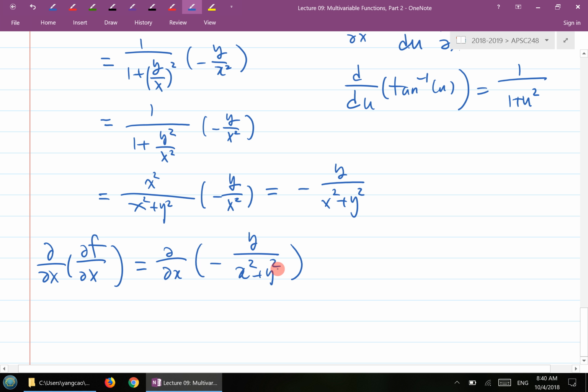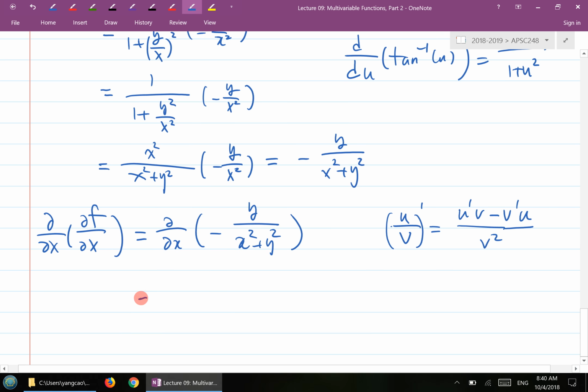In this case, because there are two terms in a fraction, I will use the quotient rule for single variables, because really we're just calculating a derivative of a single variable while treating y as a constant. This is where you have to be extra careful, because your y doesn't look like a constant at all, and it's not a constant, but you have to treat it as a constant.